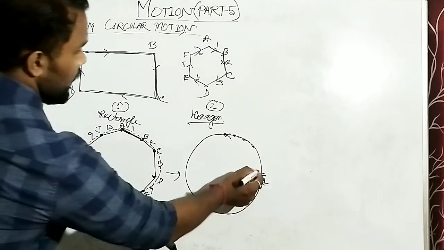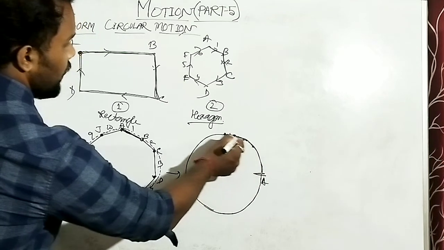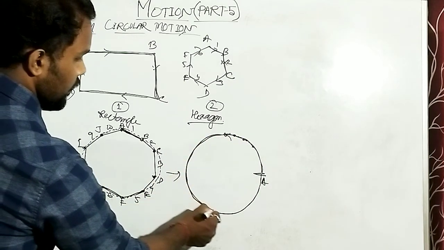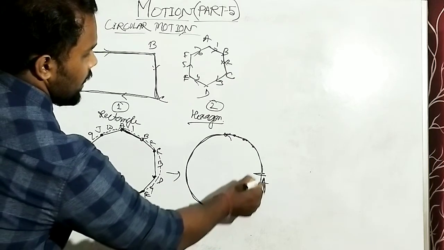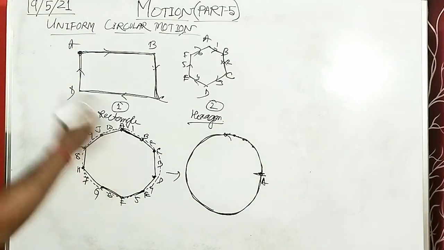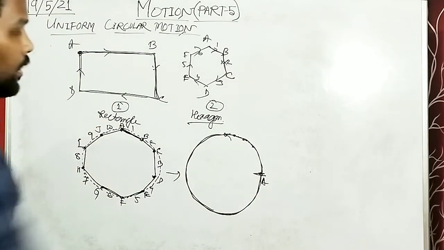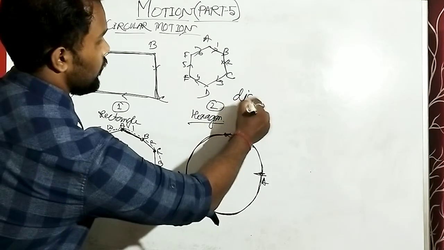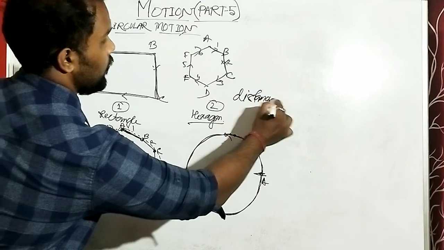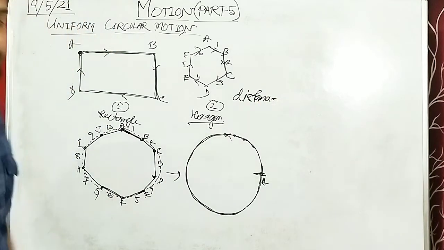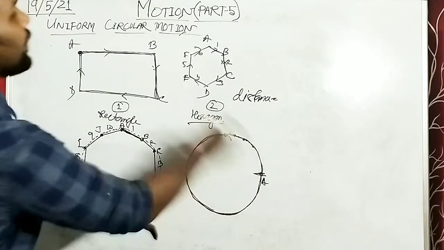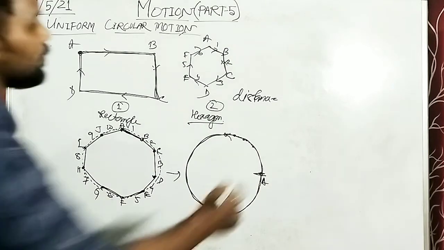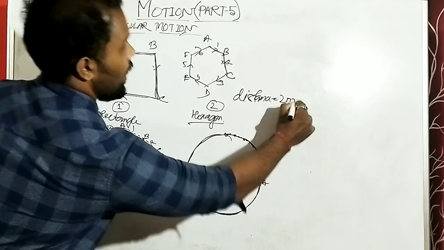If I consider that a car moves in a circular path and covers this journey, how much distance has it covered? The distance will be the circumference of this circle, which is nothing but twice pi r.